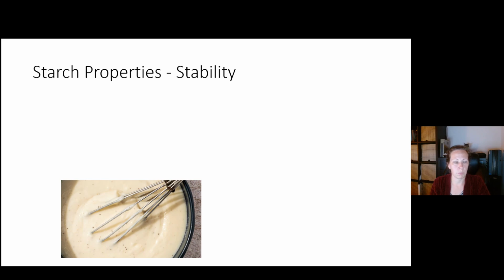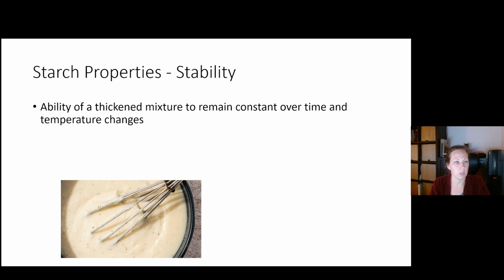Next property of starches that you want to consider when you are choosing starches is stability. So stability is the ability of a thickened mixture to remain constant over time and temperature changes.